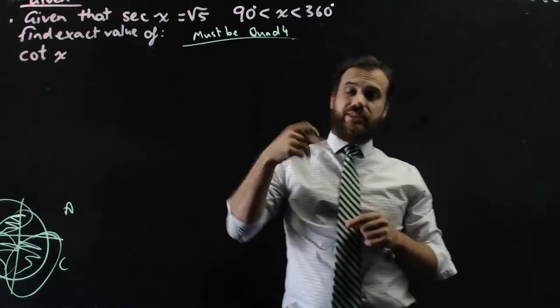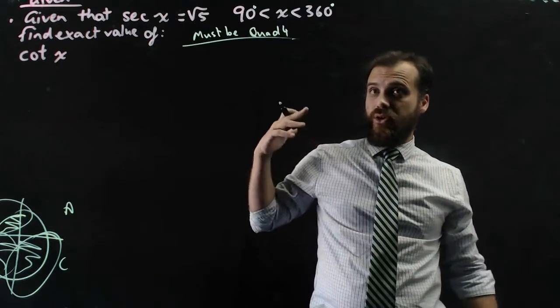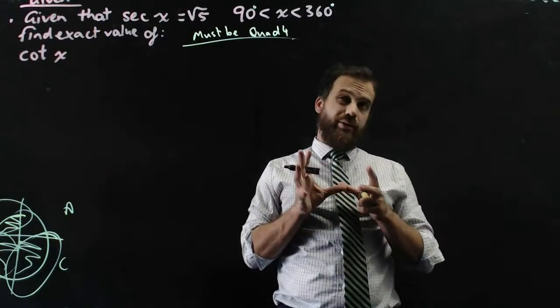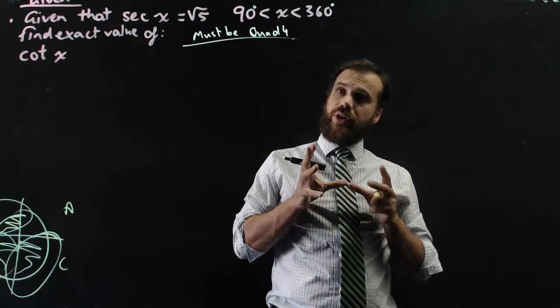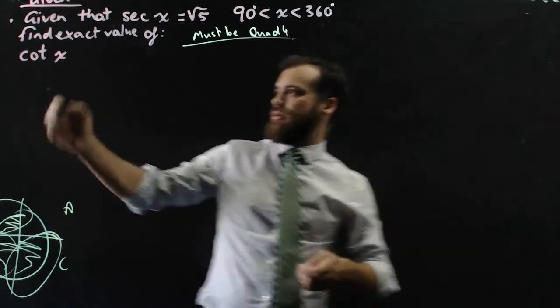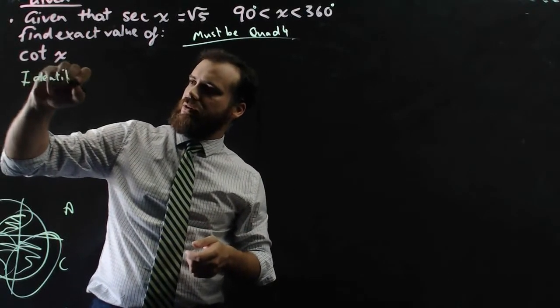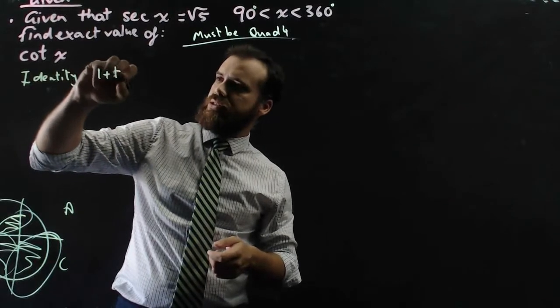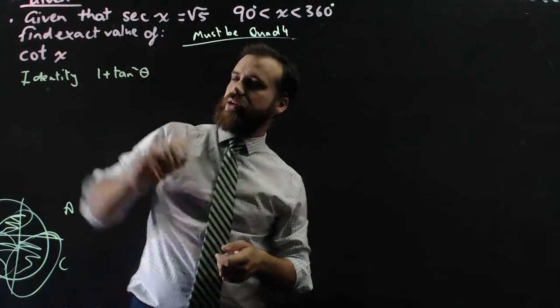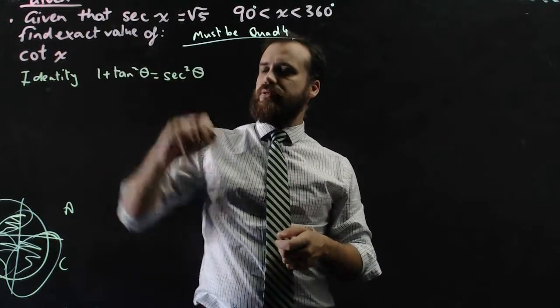Now we need to dig into our identities and see if we can find something that's going to help us with this. One of the identities that uses sec in it is 1 plus tan squared theta equals sec squared theta.